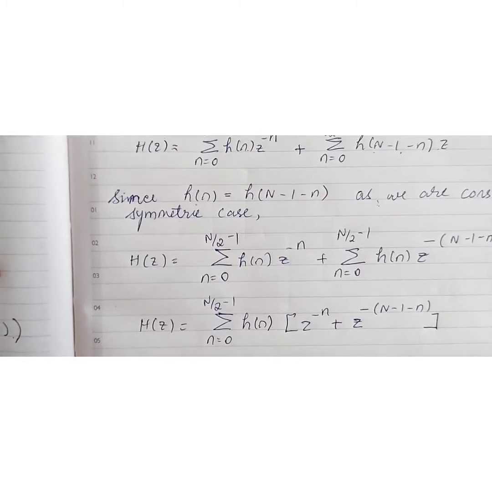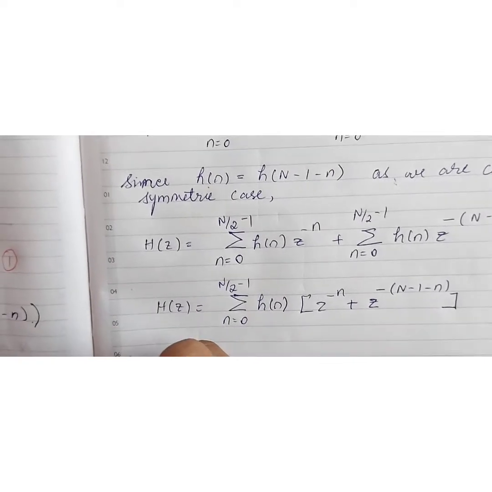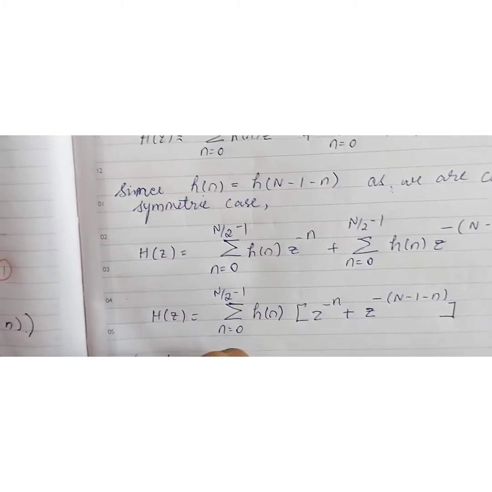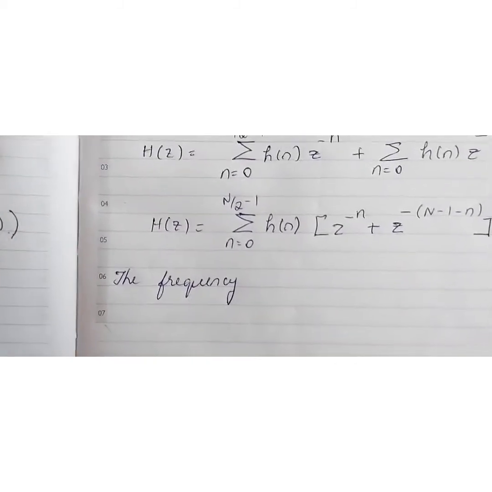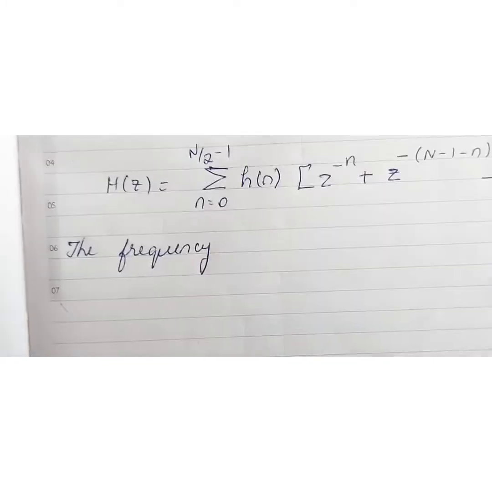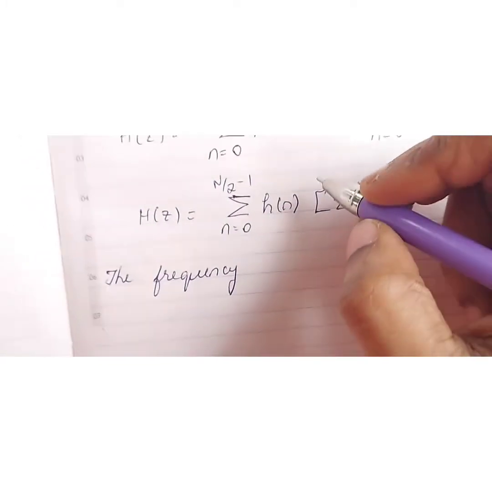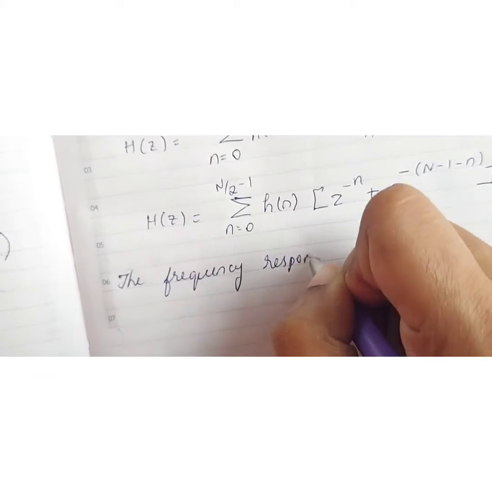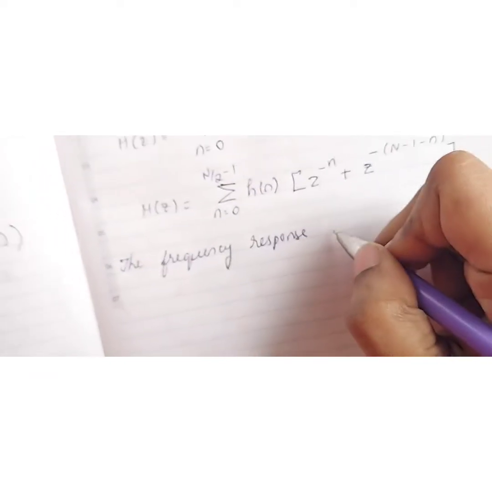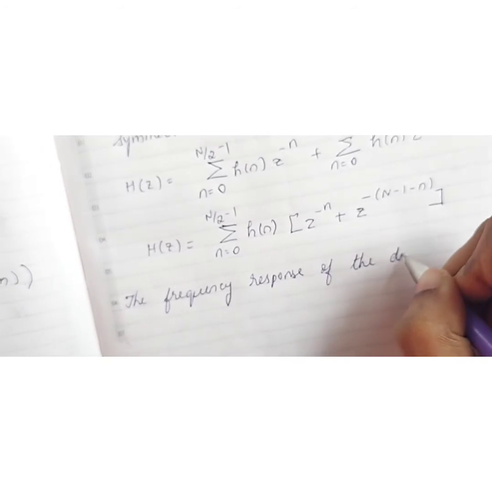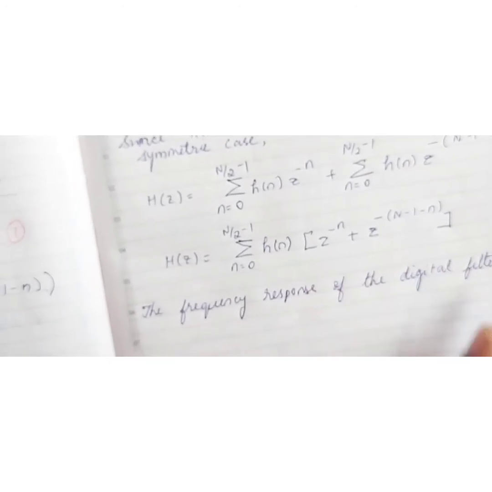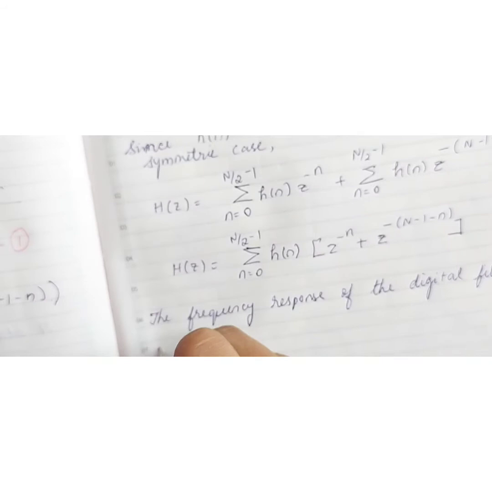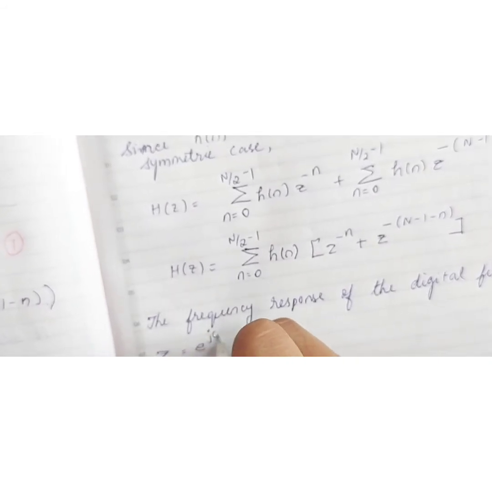Now if you want the frequency response of the digital filter, how is it obtained? We need everything in terms of omega, right? So the frequency response of the digital filter you will get by substituting z is equal to e power j omega.